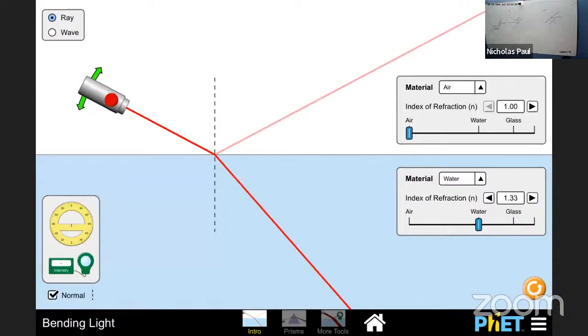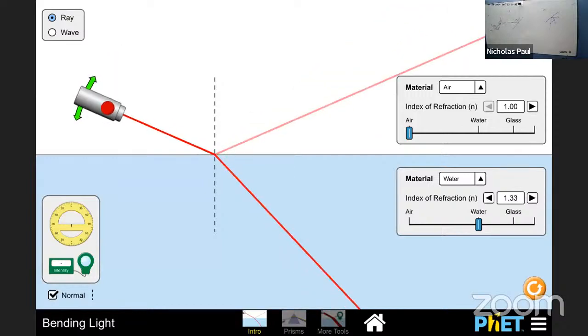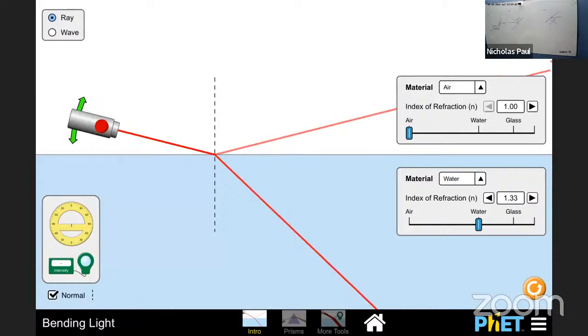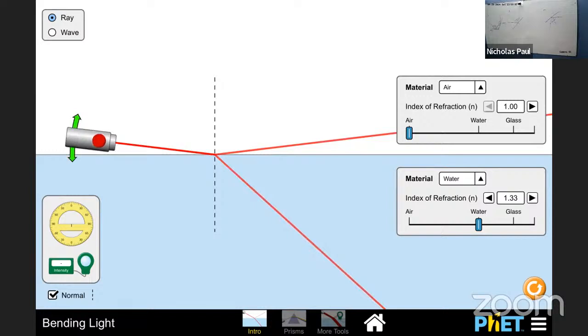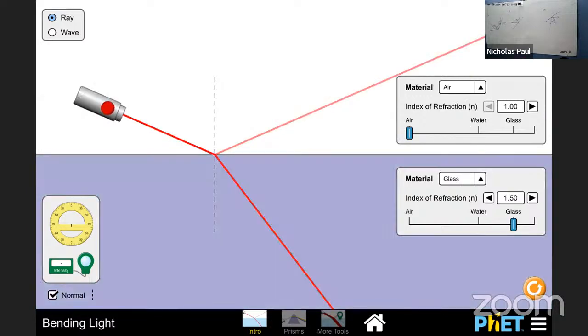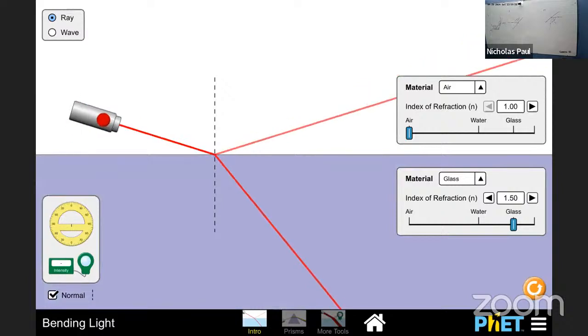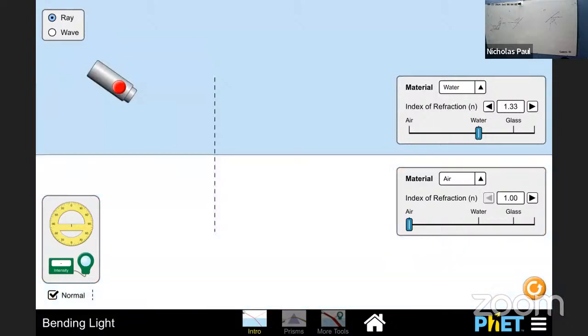Refraction is still happening, right? But watch at this particular point. Let's switch the medium now, so I'm putting water on top and air underneath.